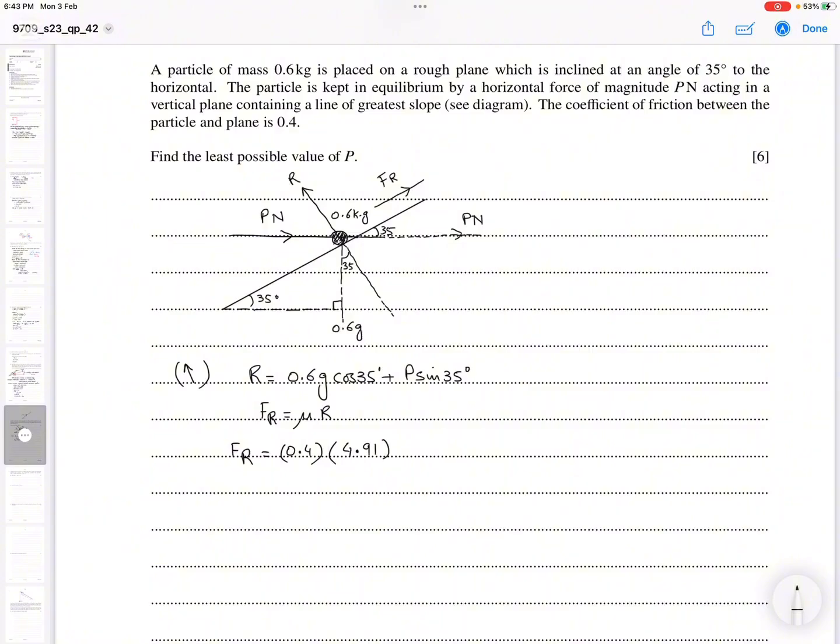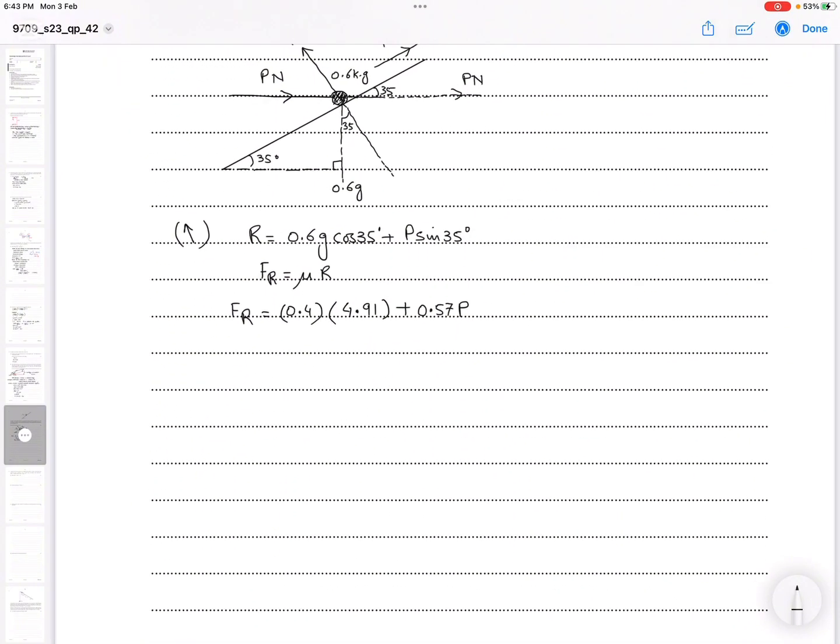This is from 0.6 g cos of 35 plus P sine 35. Sine 35 is 0.57. So I write 0.57 P. Further, if I simplify this equation, Fr becomes 1.964 plus 0.57 P. This is my Fr, frictional force.